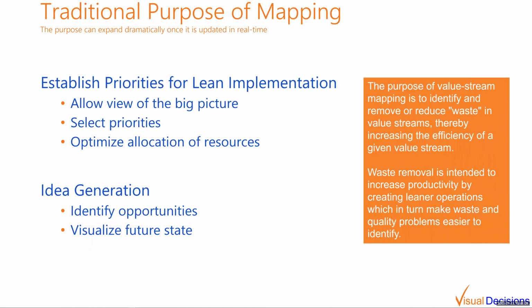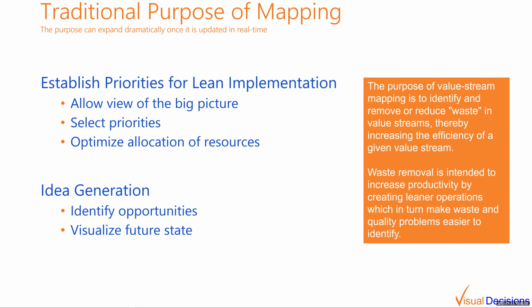So let's start with a basic question. Why do we do value stream mapping in the first place? The purpose of value stream mapping is to identify and remove or reduce waste in value streams, thereby increasing the efficiency of a given value stream. Waste removal is intended to increase productivity by creating leaner operations, which in turn make waste and quality problems easier to identify.